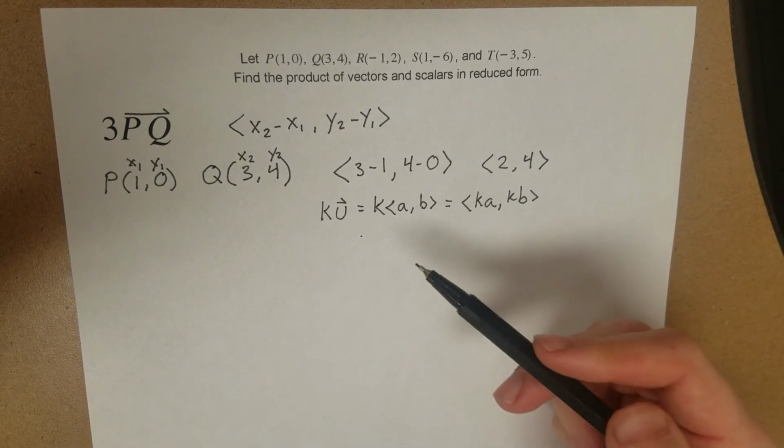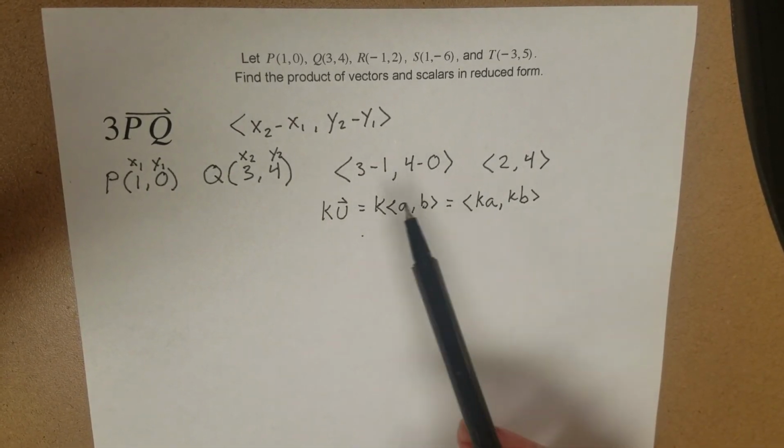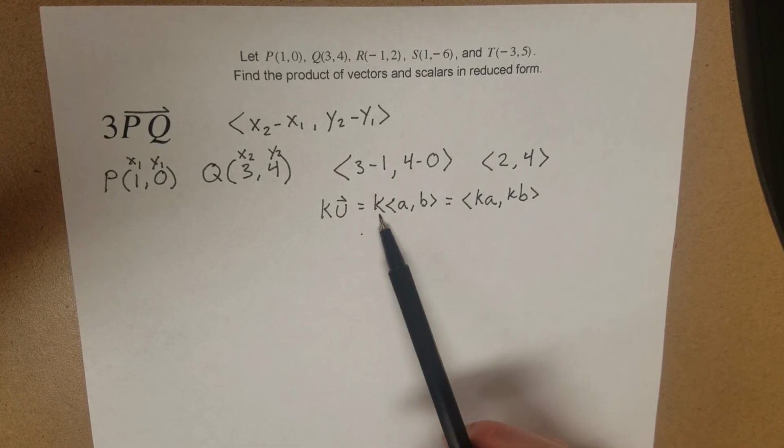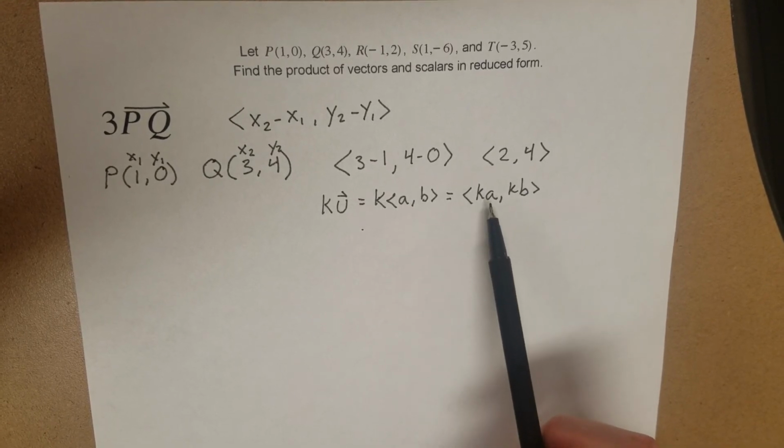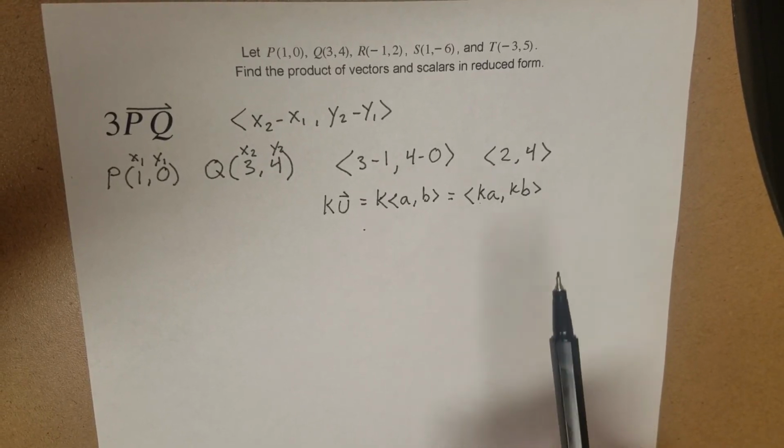What this formula is stating is that if you're multiplying a vector in component form by a scalar, a number, all we have to do is distribute that scalar to each component.